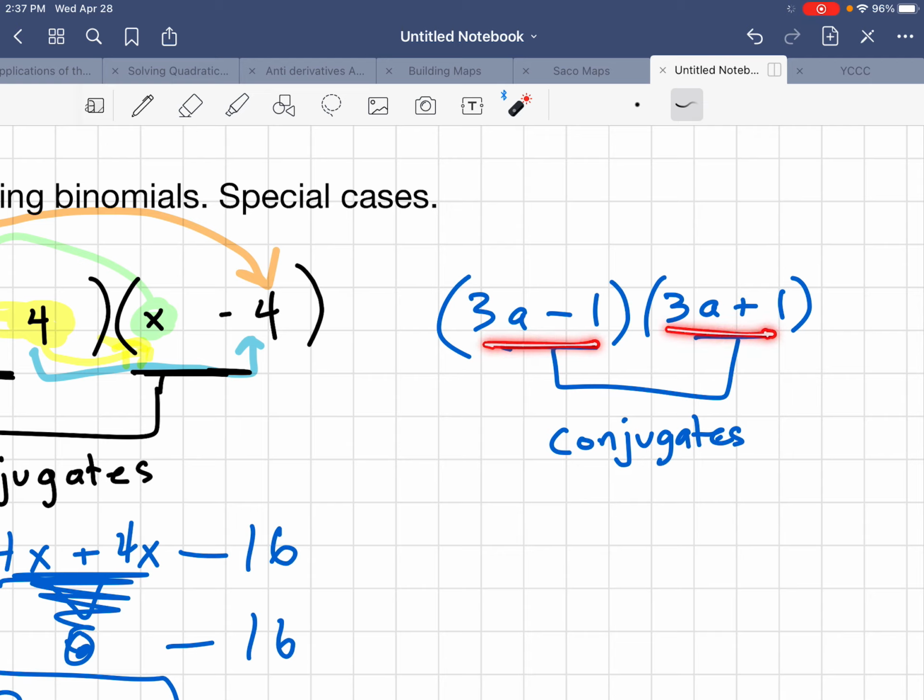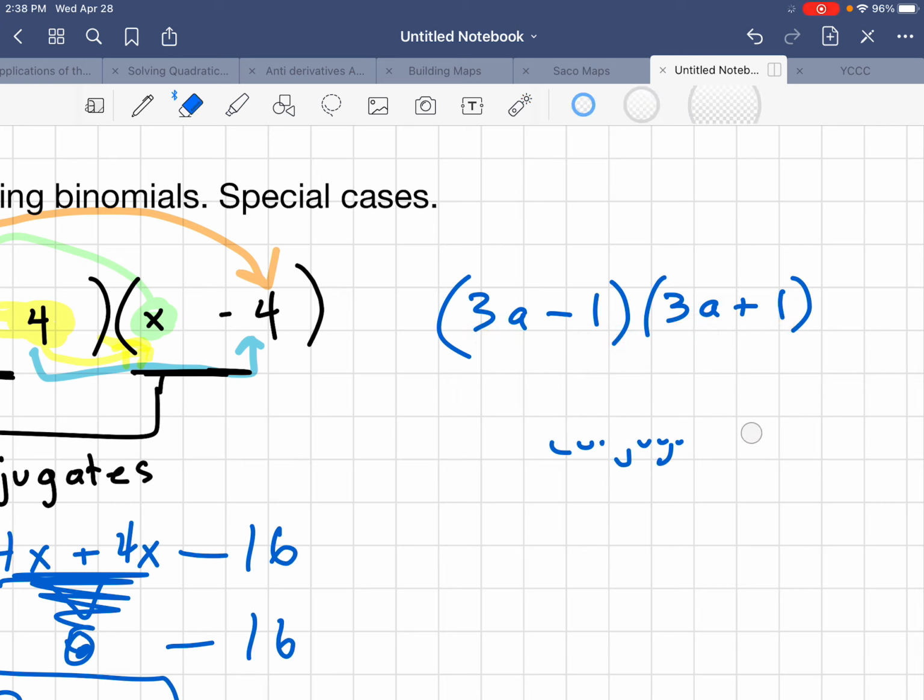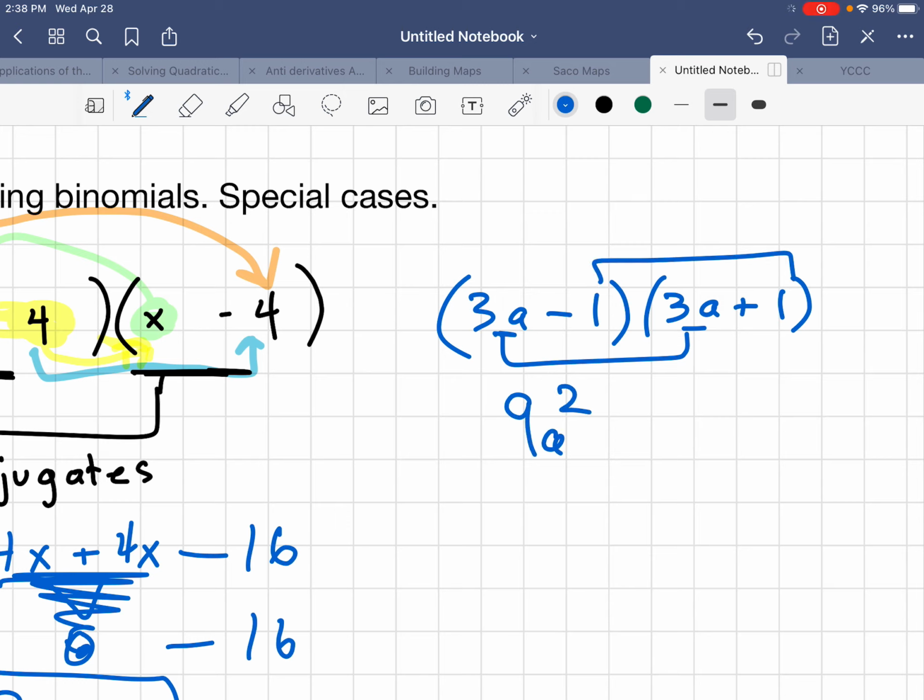Are these conjugates? Yes, they're the same first term, the same last term, with different signs. So the quick way is to multiply 3a times 3a, which gives me 9a squared. We multiply 1 times 1, which gives me 1. And positive times negative is negative. We get our difference of squares because the middle terms cancel out.